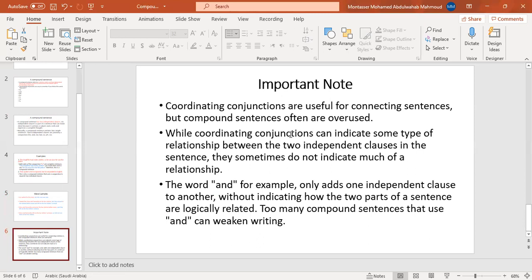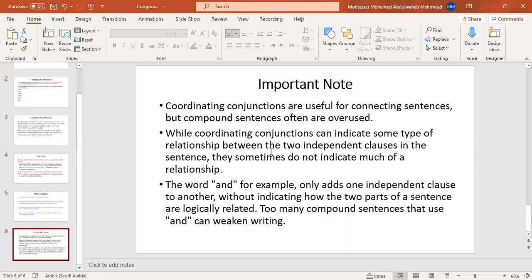There is no problem actually to use it once, twice, but too many compound sentences that use and can weaken your academic writing.